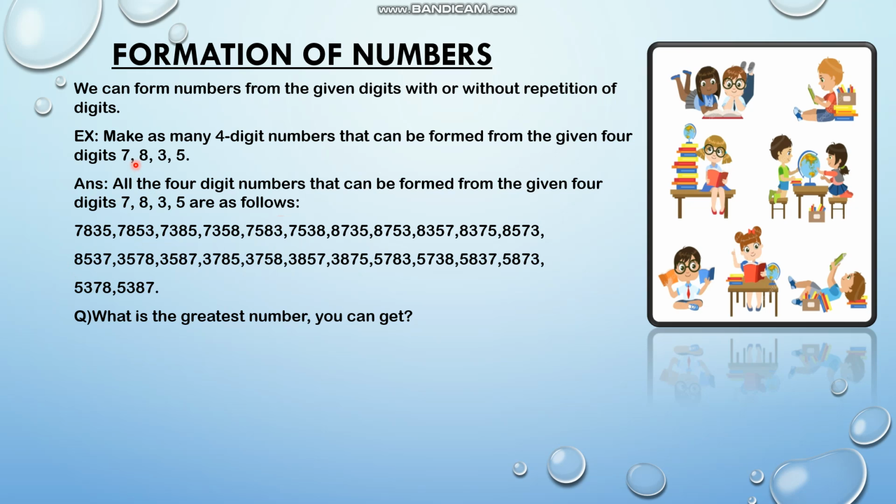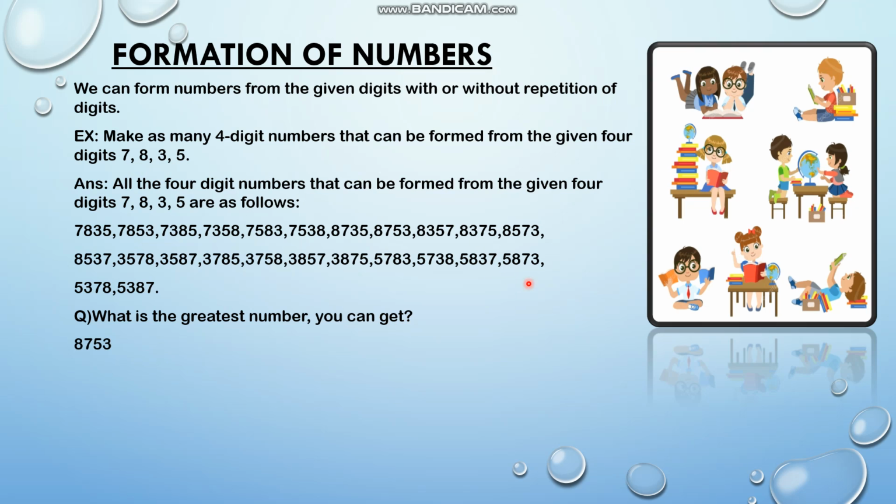No need. You just look at the given digits and arrange them in descending order to get the bigger number. That means 8, 7, 5, 3. That is 8753, the greatest number we can form by using these digits.